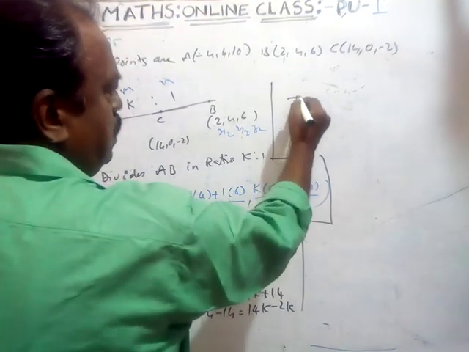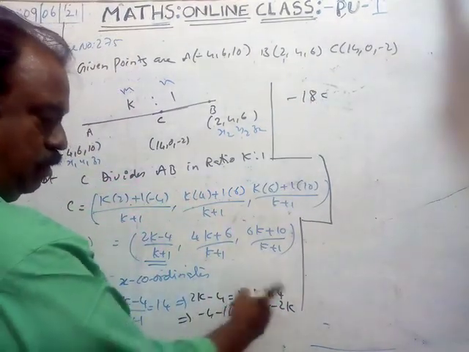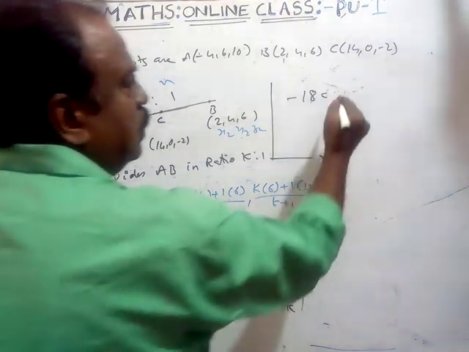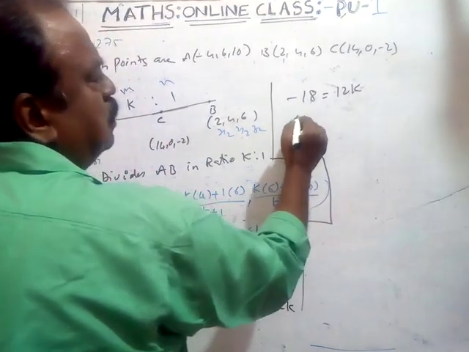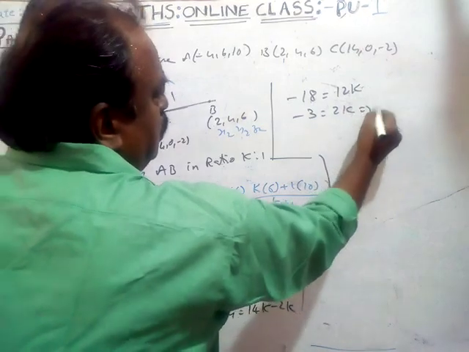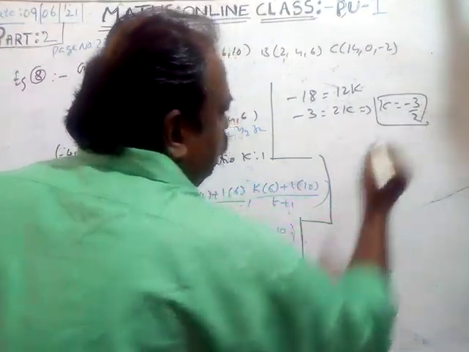Minus 4 minus 14 is minus 18, and 14k minus 2k is 12k. Okay, na? That is 6 3s, 6 2s. That is k is equal to minus 3 by 2.